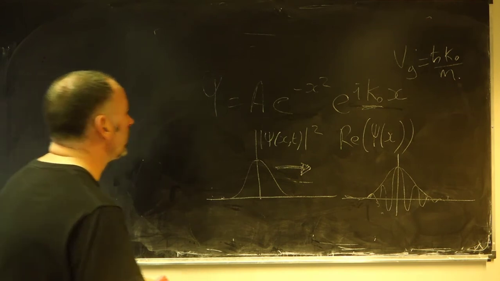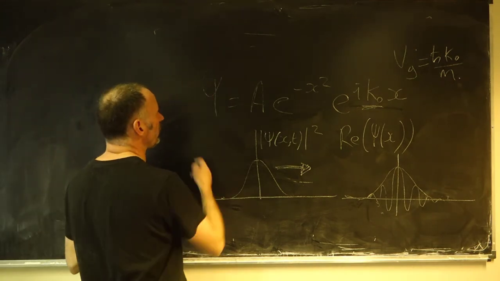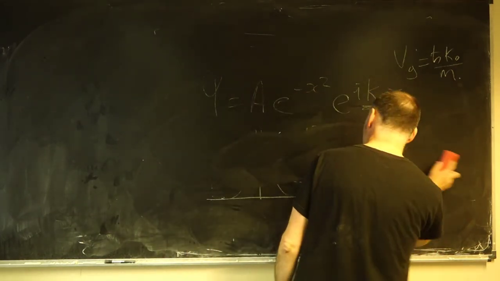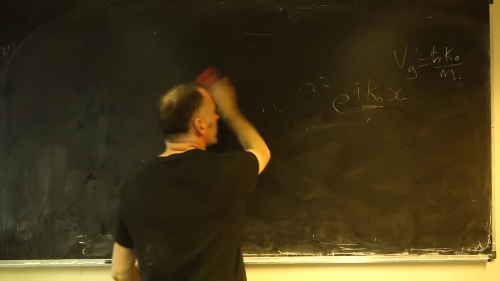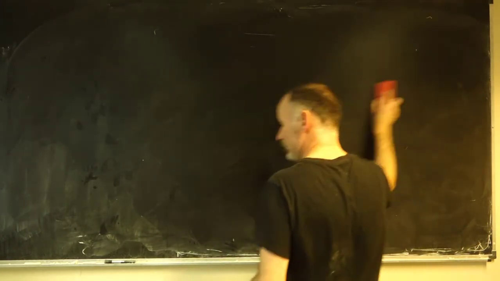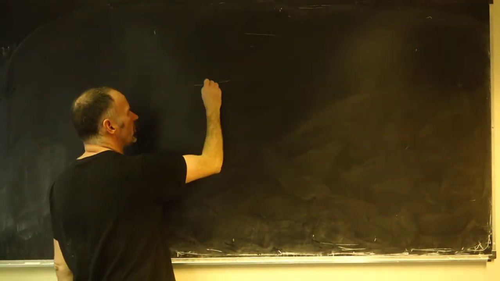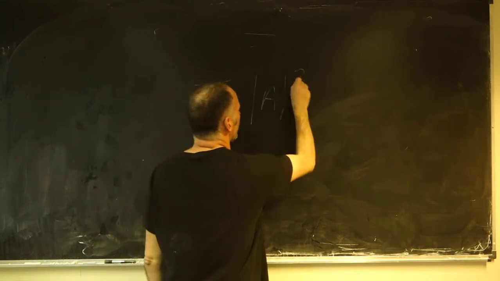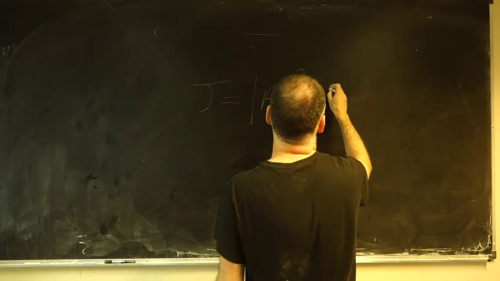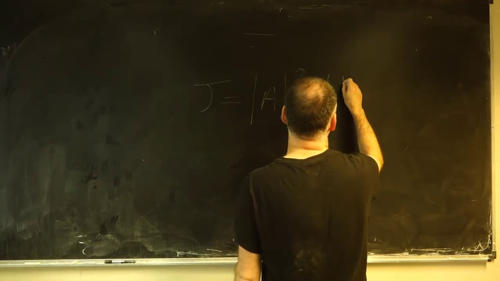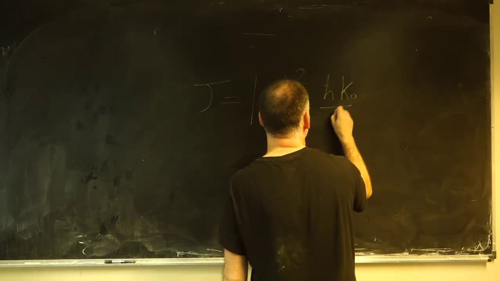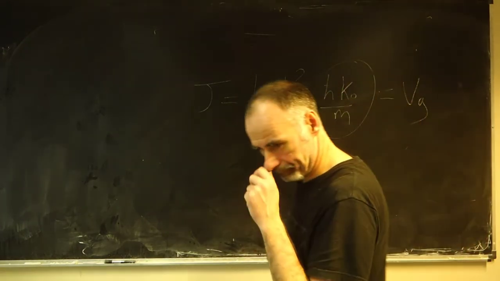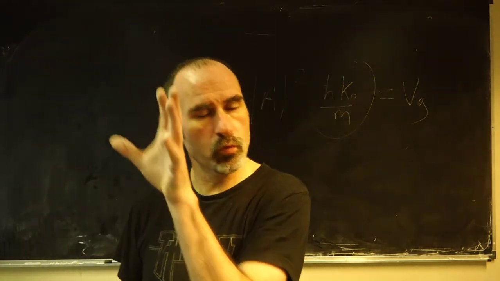And so, for a wave function that looks like this, defined at t equal to 0, for a wave packet description our probability current would be our constant times h bar k0 over m, and that is our group velocity, the rate at which the wave packet moves.